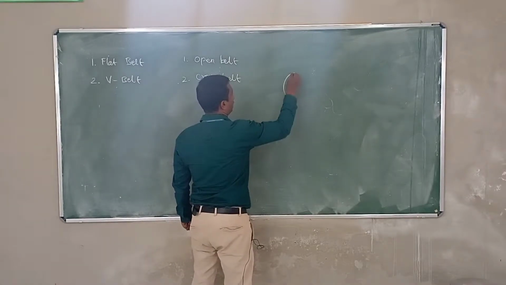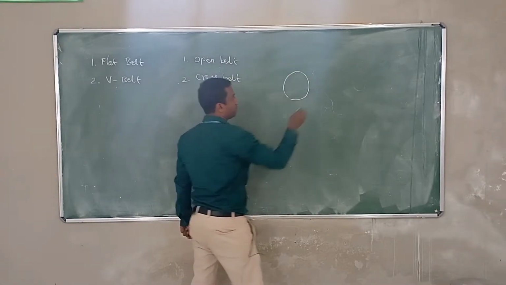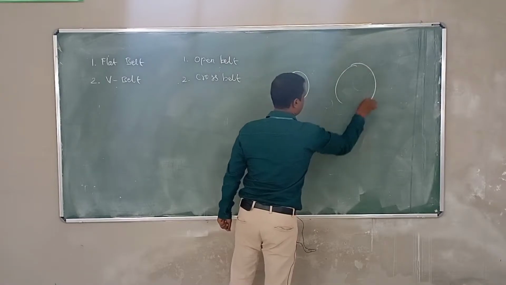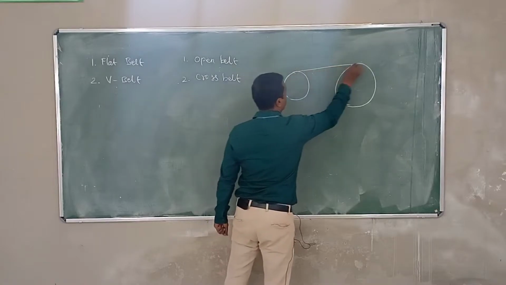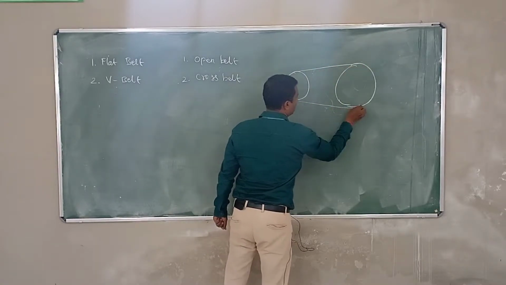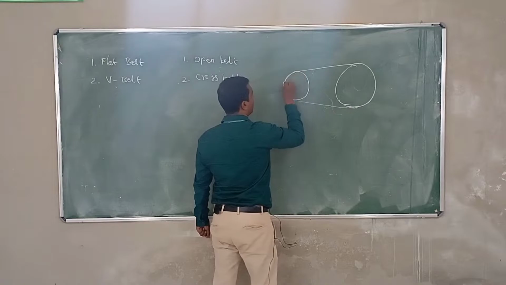In the open belt, we need the transmission in the same direction, right? If we assume that this is the drive and this one is the driven, these two are connected with the help of the belt.